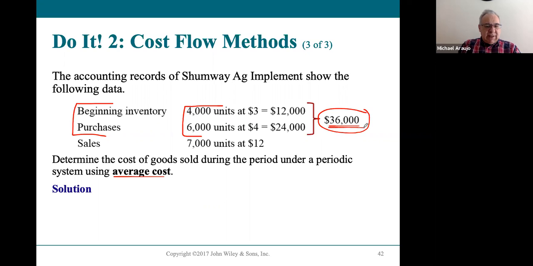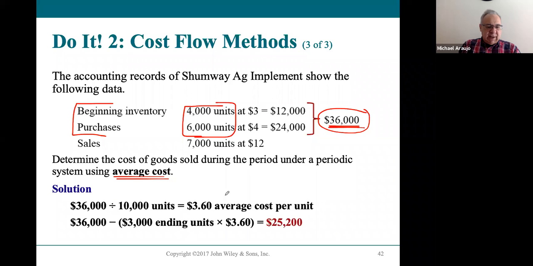So you spent $36,000 and that got you 10,000 units. So the average cost of each unit is 36,000 divided by the 10,000, which will give you $3.60 per unit. You sold 7,000 of them. So 7,000 times 3.60 will give you your cost of goods sold.